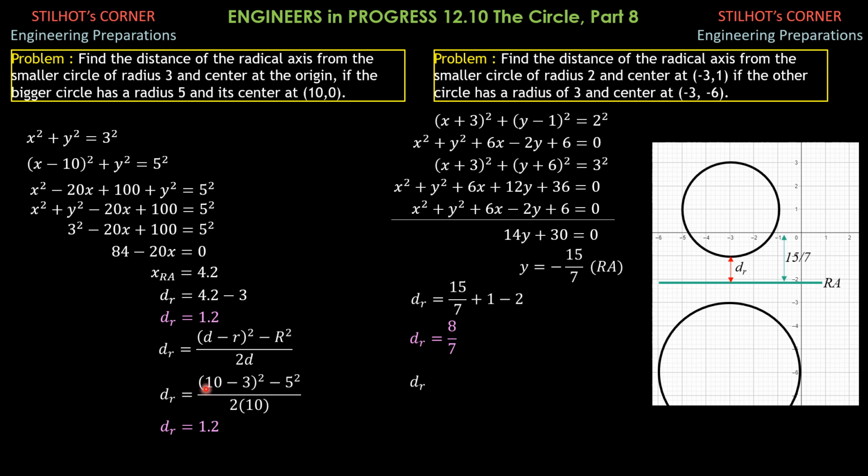So small d is 7. Therefore, d sub r is (7 minus 2) squared minus 3 squared, the big radius squared, over 2 times 7. 7 minus 2 is 5. 5 squared is 25. And 25 minus 9 is 16. 16 over 14, simplified, is also 8 over 7.